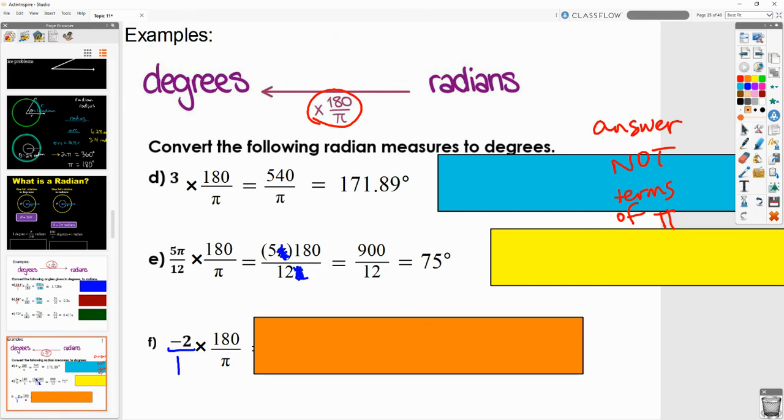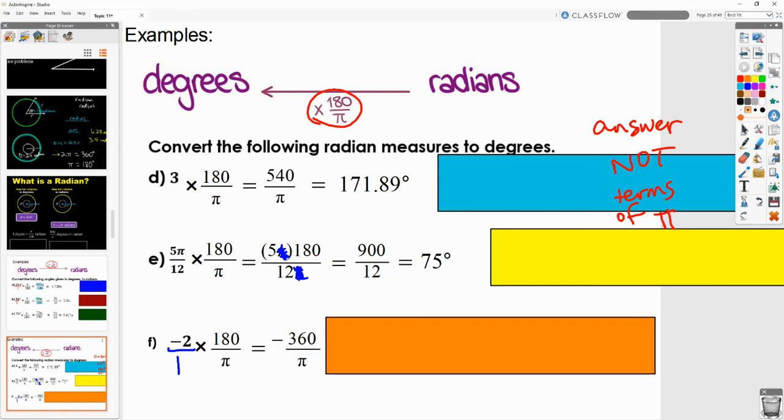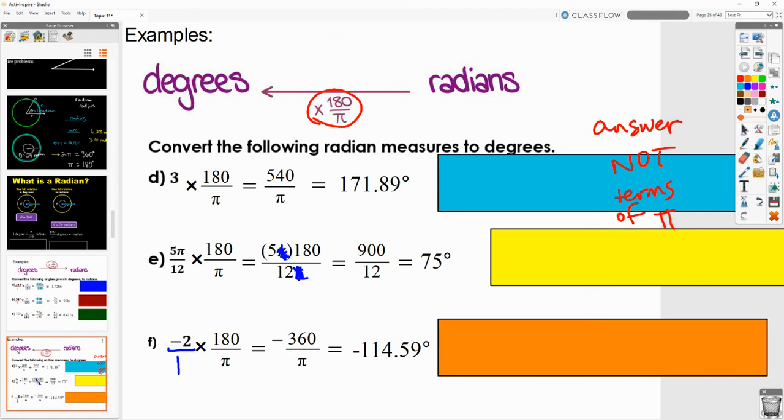That'll change us to the equivalent degree measurement. So multiplying top times top is negative 360. On bottom, we've just got 1 times pi. And again, you can type that into the calculator exactly as it is. It is negative 114.59 degrees.